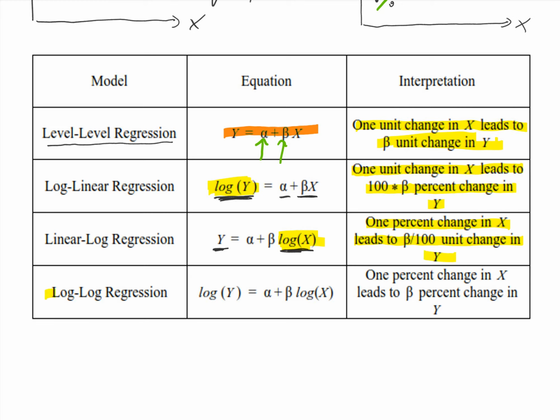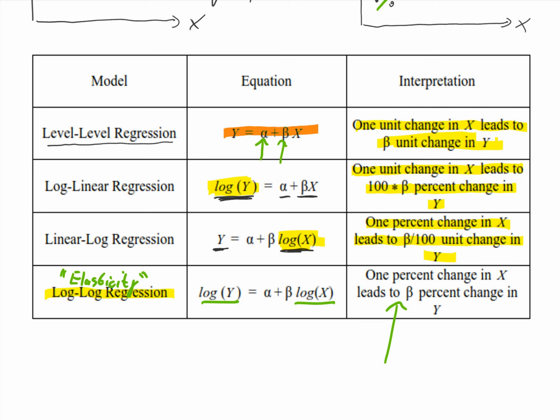This last one is the log-log regression. We might also call this an elasticity regression, and the reason is that where both the y and the x are logged, our interpretation is just like it was for elasticity back in Intro to Micro.